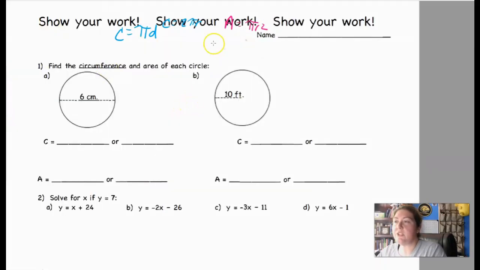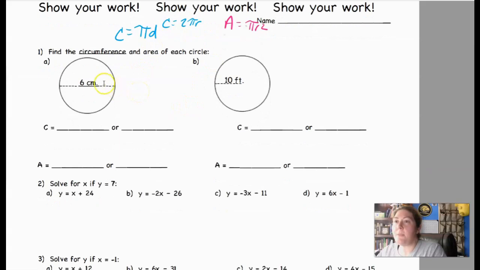All right, let's go back to our sheet. The first one, we're looking for circumference. Remember, circumference is the fancy word that means all the way around. This particular formula is using d. D is diameter. Diameter means that we're going all the way across the circle.